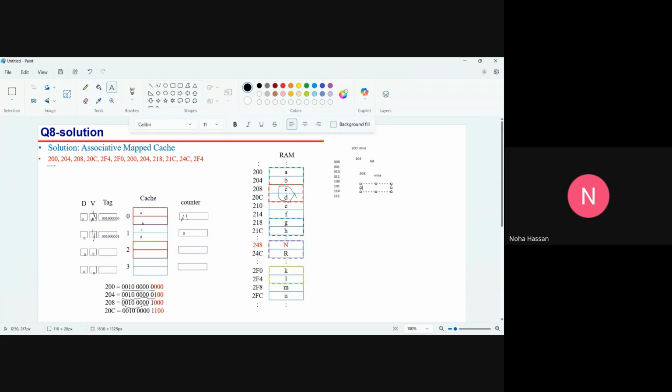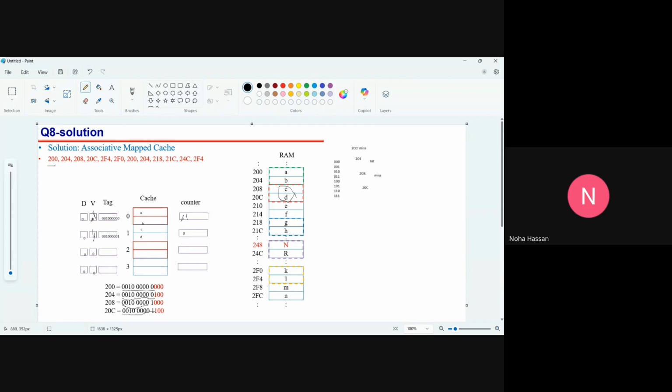Next address, which is 20C. So 20C has this tag, which, as you can see, if we search into the tags available, it is found here. It is exactly the same. So the tag matches that one.